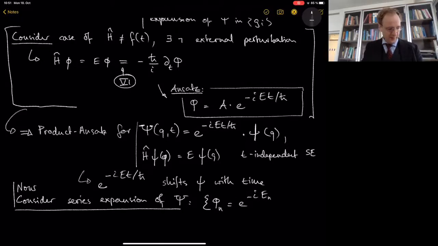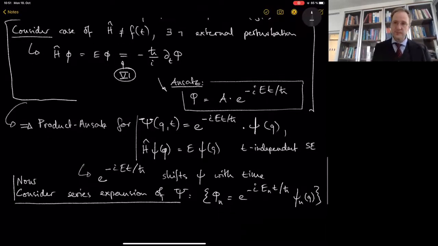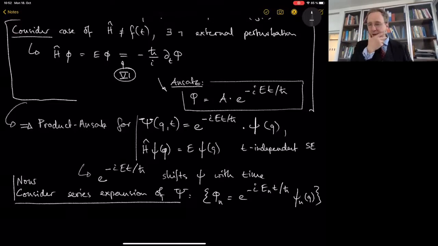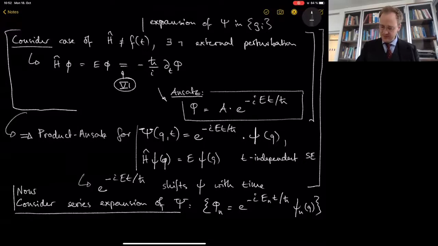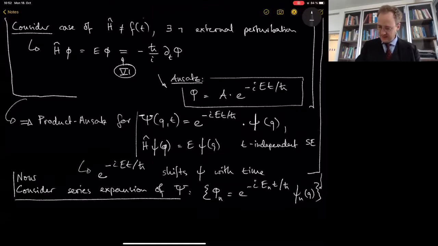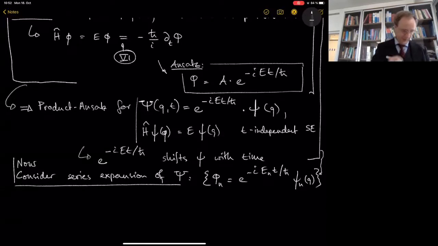Now we have this for every solution of a small psi n of q. So this ansatz of establishing a set of basis functions which have this shape is what we have just discussed above. And now we have this nice set of functions, and they should form a complete set.